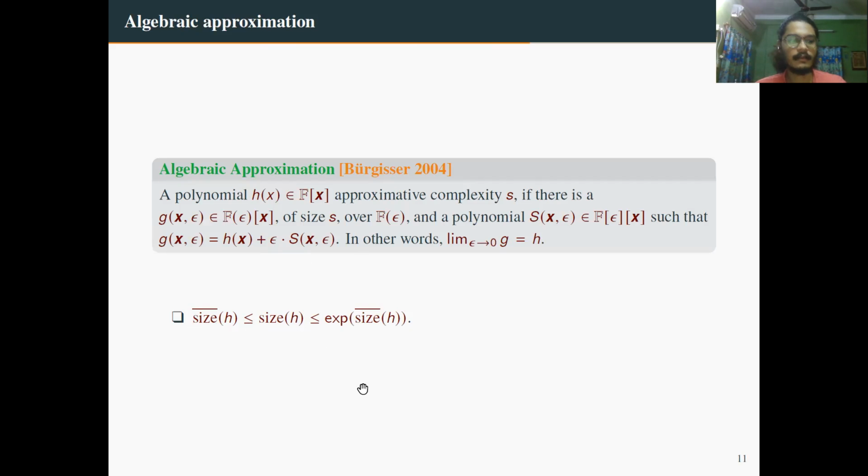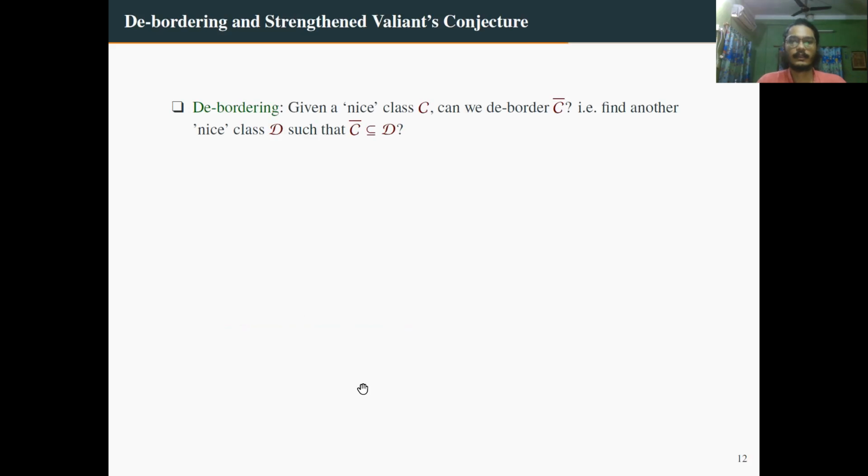So once you have defined this algebraic approximation, you can ask different questions. And the first question is debordering. So what do you mean by debordering? Given a class C, we want to understand what is C bar, meaning can I find a new class D, which is nice enough such that C bar, or border C, is inside D. And you can take this class C to be anything you want, such as VBP, VP, depth 3 diagonal, and so on.